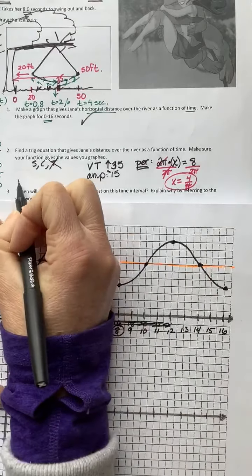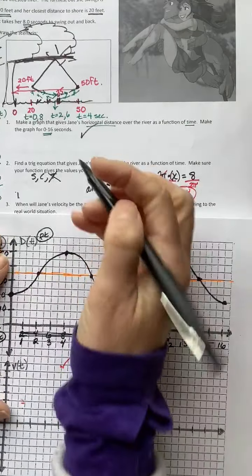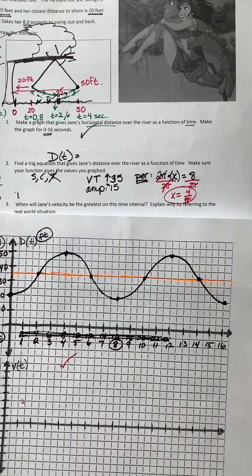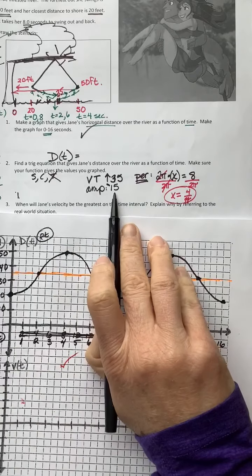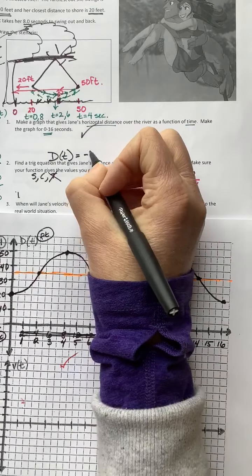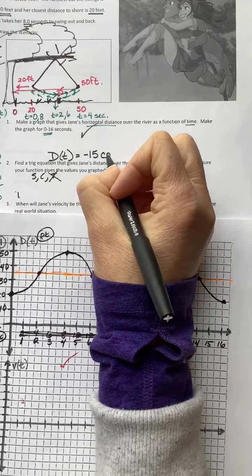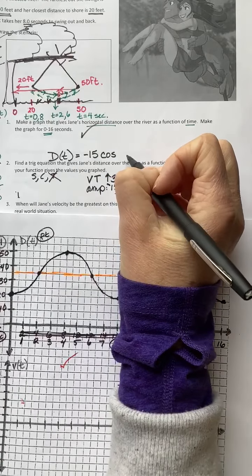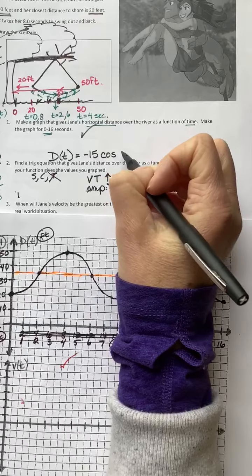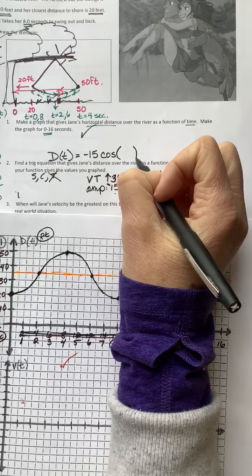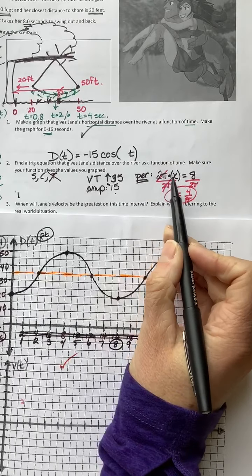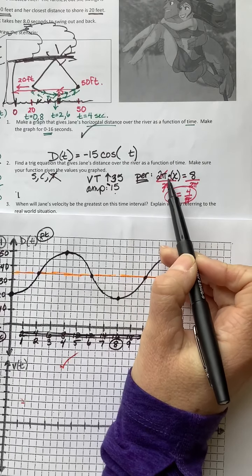All right, so here we go. Give it a title. I'm running out of space, so I'm going to go up above. I'm going to say distance from shore as dependent upon time is going to be, all right, that amplitude is going to come first, negative 15. Now I've decided I'm going to use my cosine. As you know, I'm going to have my t value, but inside is where we're going to affect the period. So we know that our period needs to go from 2 pi to 8.